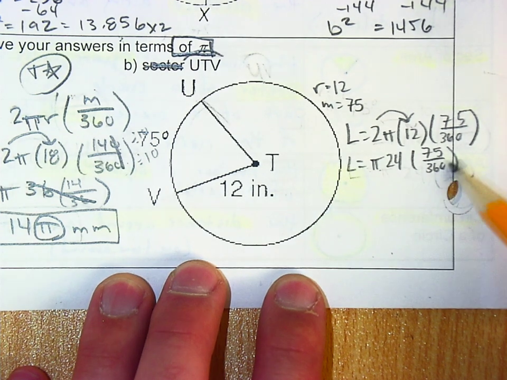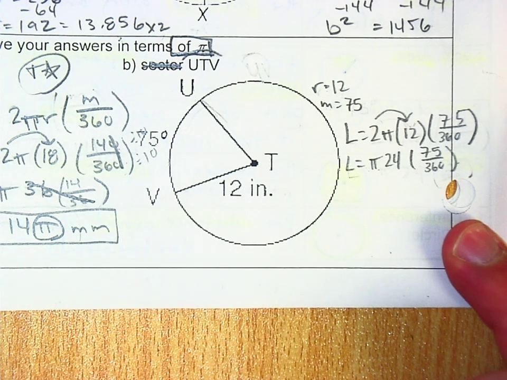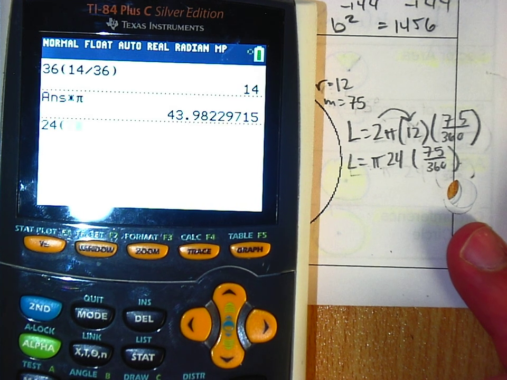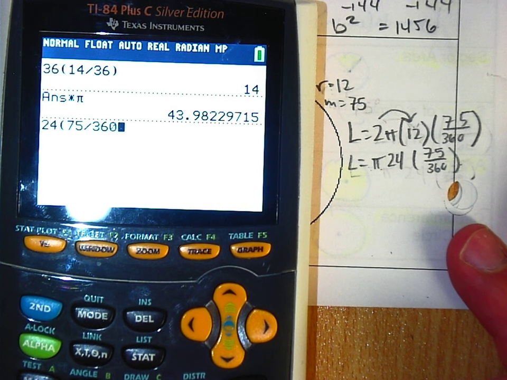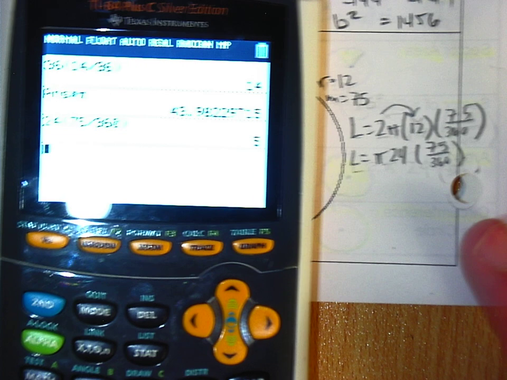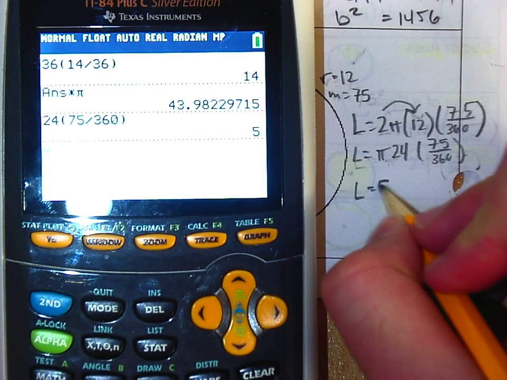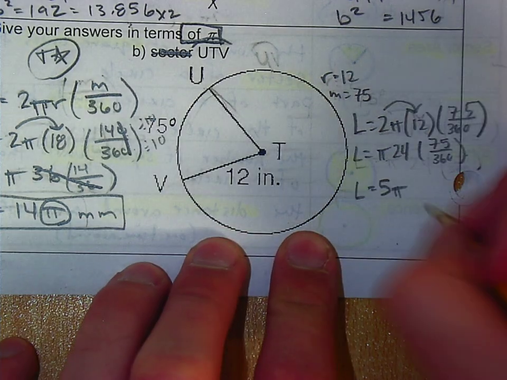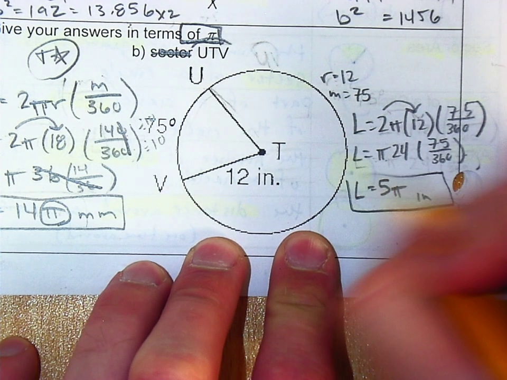And I don't know what this simplifies to, so I'm just going to leave it. Do 24 times 75 over 360. That's going to be 5 pi. And then don't forget our units, inches.